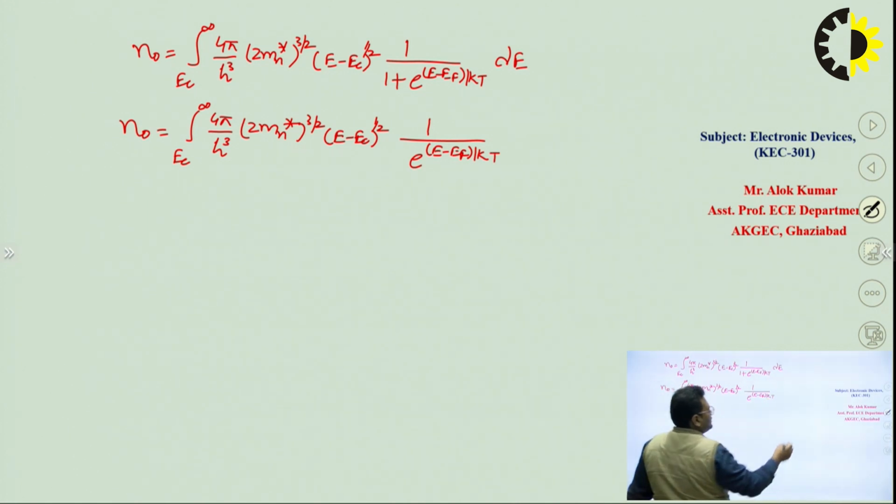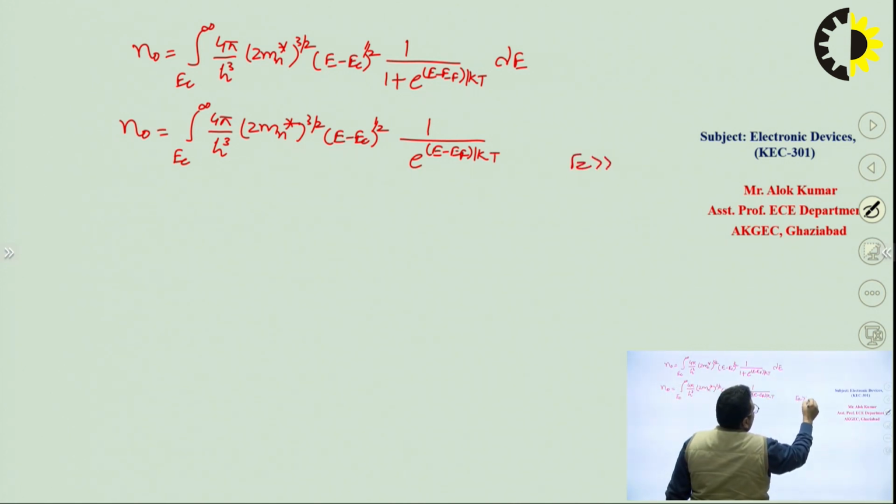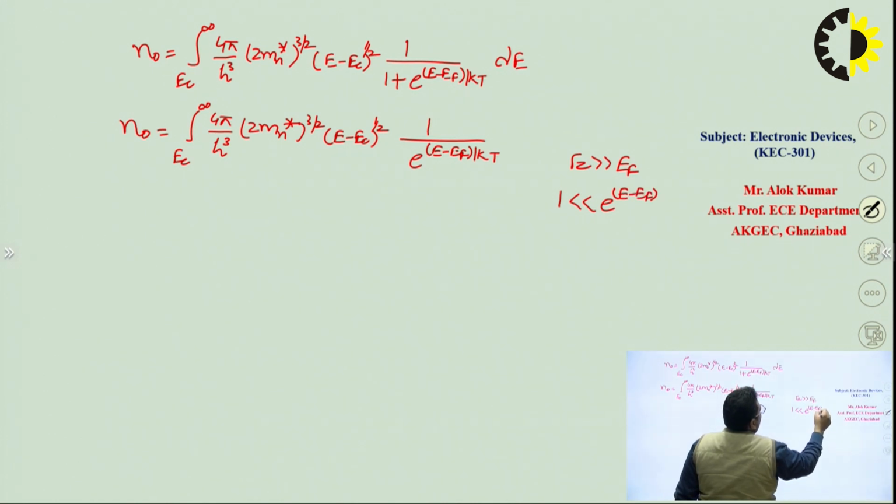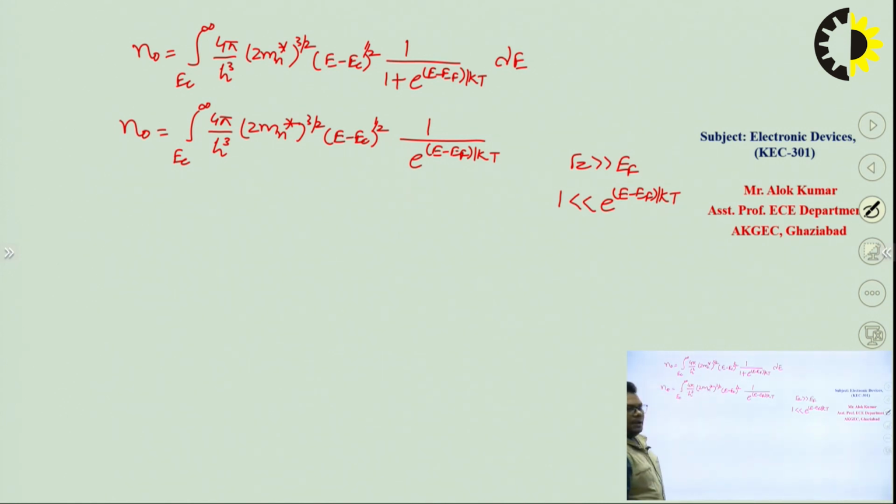Why? Because we have considered E is greater than EF, and in that case 1 will be very small compared to e to the power (E minus EF) upon KT. So we can neglect the 1, right?